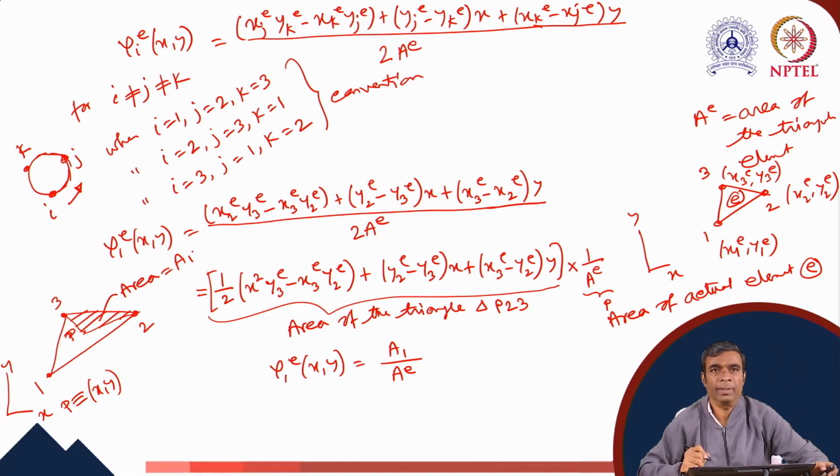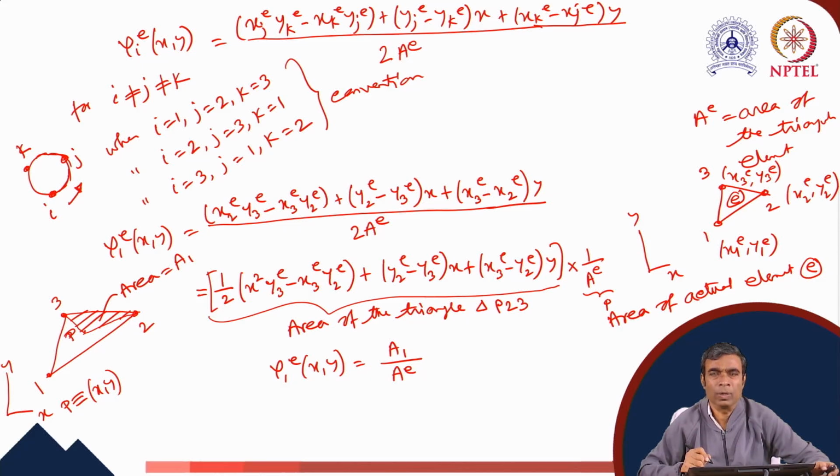So we take the edge opposite to local node 1, the angle subtended by point P creates a triangle P23 on the edge 2, 3. The area of this smaller triangle is A1. So psi 1e represents the ratio of A1 and AE.